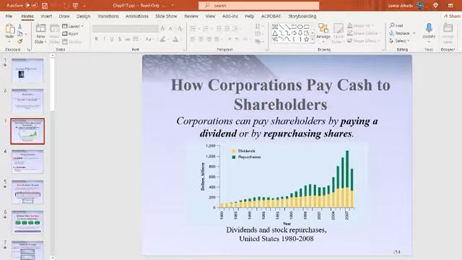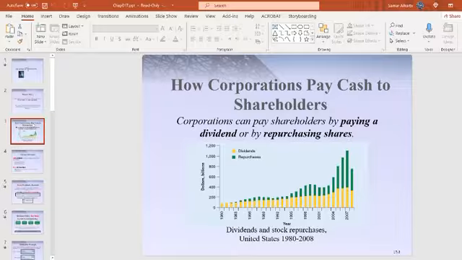We will start with this graph, how corporations pay cash to shareholders. As I said, there are two ways. First one, you pay dividends to them, or instead of paying dividends or cash to shareholders, you can repurchase the shares from the market. So in real life, many companies, if they have enough money, go into the market and purchase their shares again.